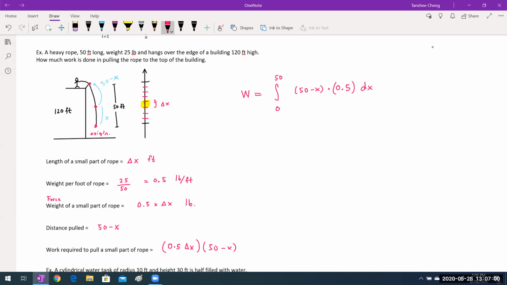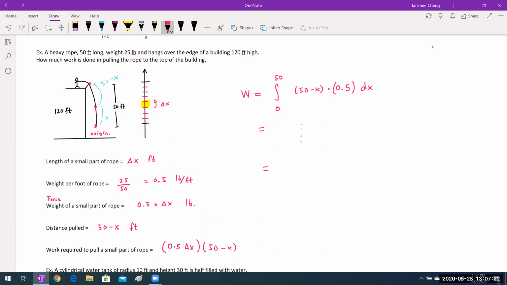So this becomes the setup for finding the work of pulling this entire rope all the way to the top of the building. And you can integrate to get the numerical value. Don't forget the units. Let me put all the units.